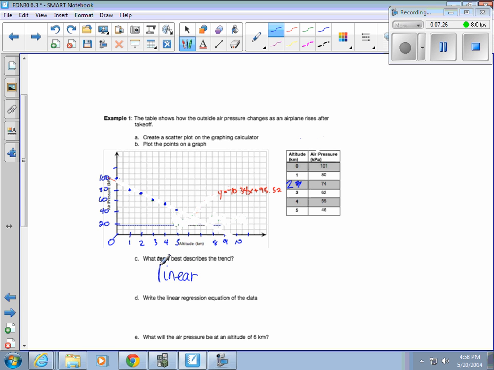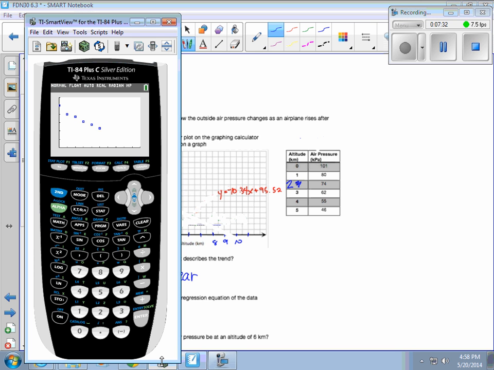So D part says write the linear regression equation to this data. So we bring this back up, and we want to do that back on our graphing calculator. So in order to do that, we press our stat button. We want to calculate, and we want to go to number 4, which is our linear regression, our X list, our Y list, so enter, enter, enter.